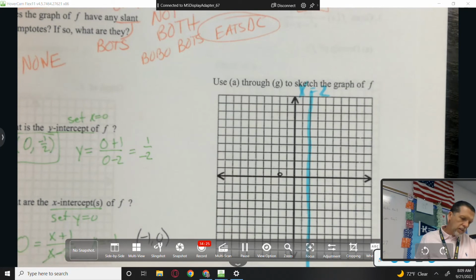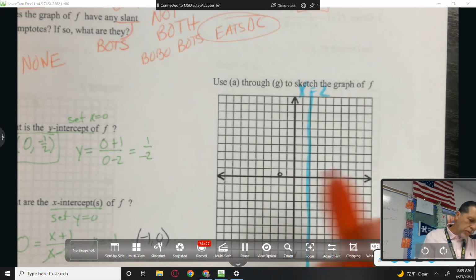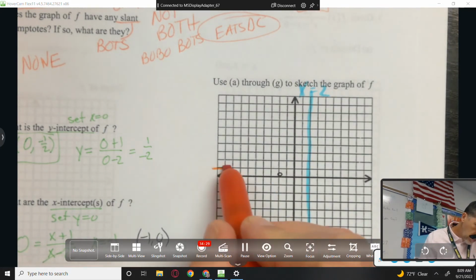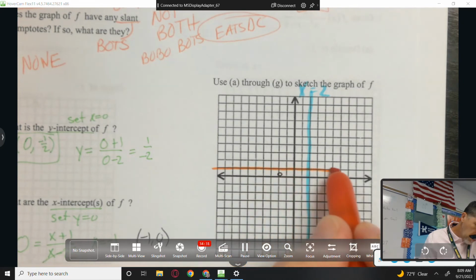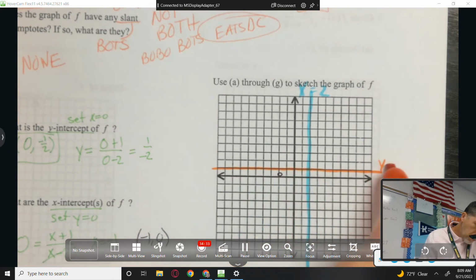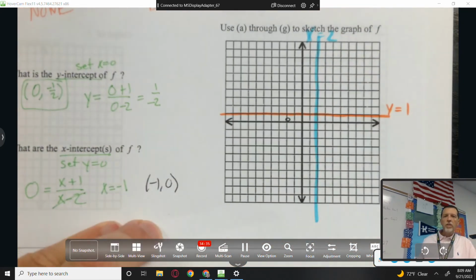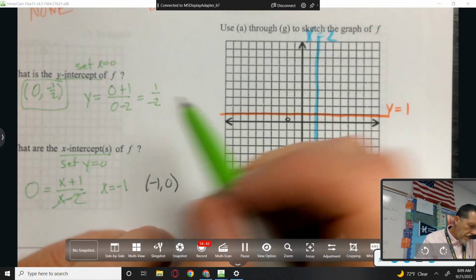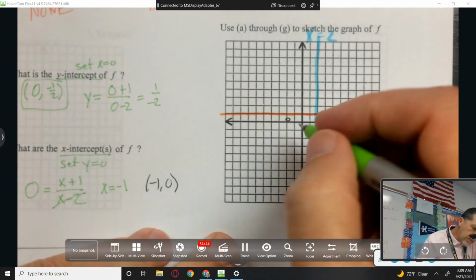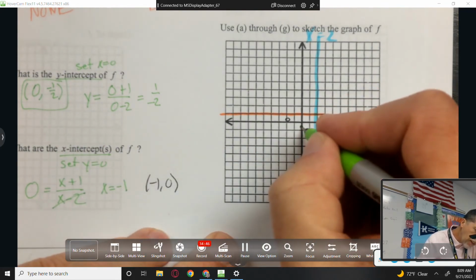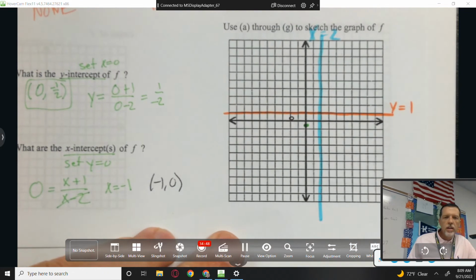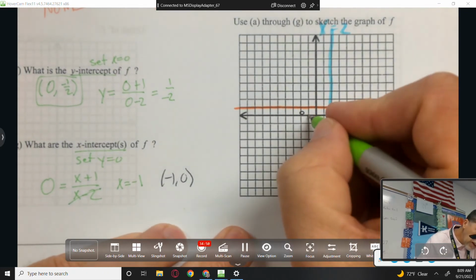Let's see, next up, horizontal asymptote at y equals 1. There's my horizontal asymptote at y equals 1. I have a y-intercept of 0, negative 1/2, and an x-intercept at negative 1, 0.